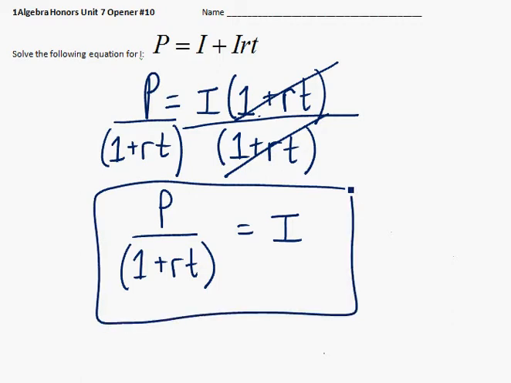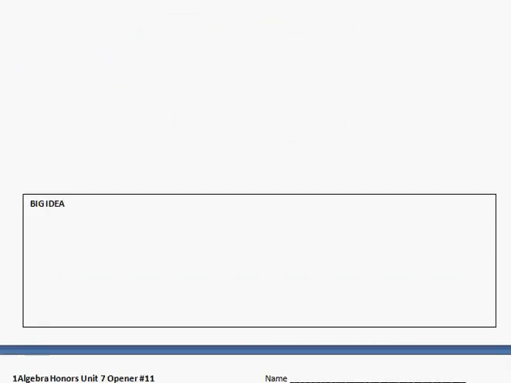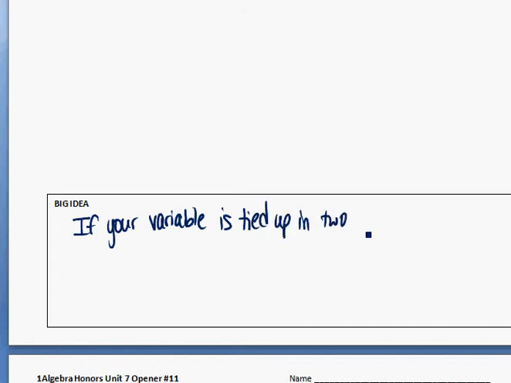So now we have solved another literal equation, one that was a little bit more complicated than some of the ones that we've seen earlier. So the big idea behind this one is if your variable is tied up in two different places, try to factor it out.